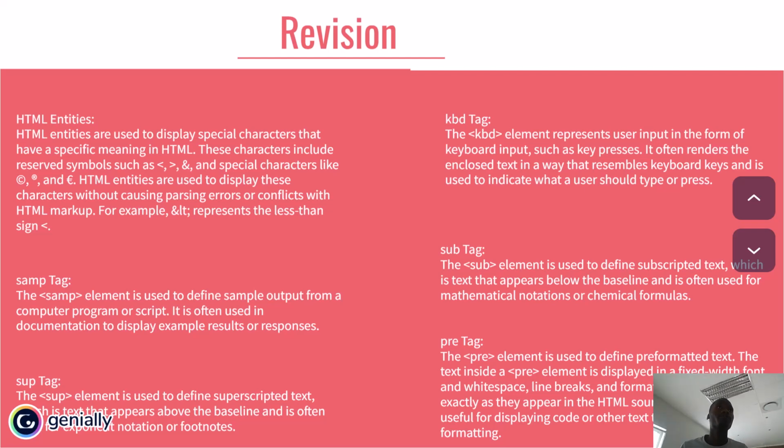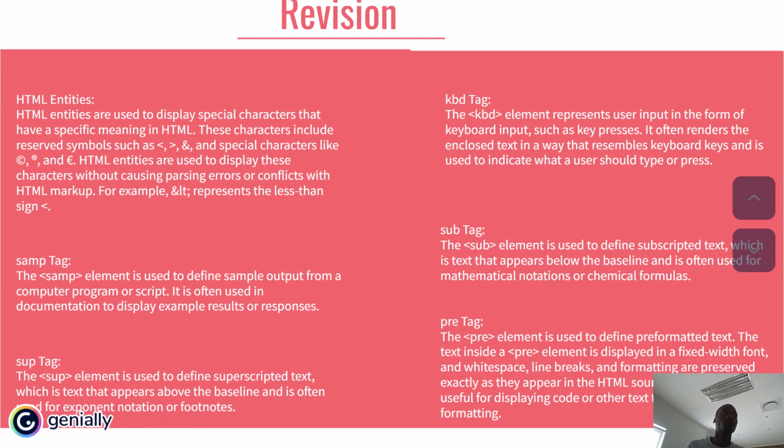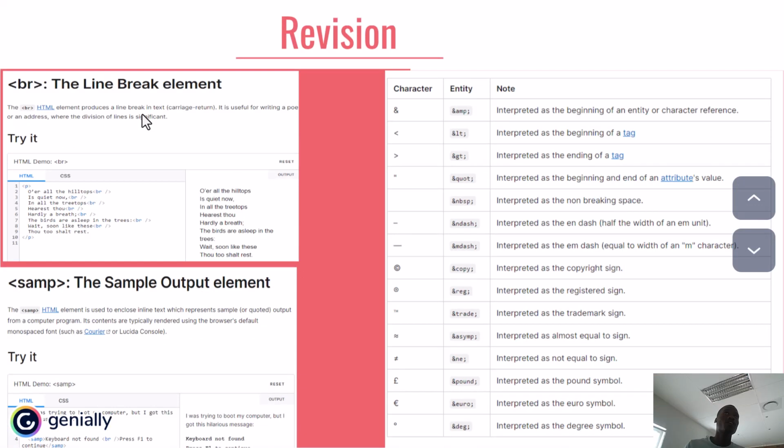So these are the examples. The BR example: I hope you can see the line breaks. Can you see the line breaks? Yes. This is the sample tag. The SAMP HTML element is used to enclose inline text which represents sample or quoted output from a computer program.